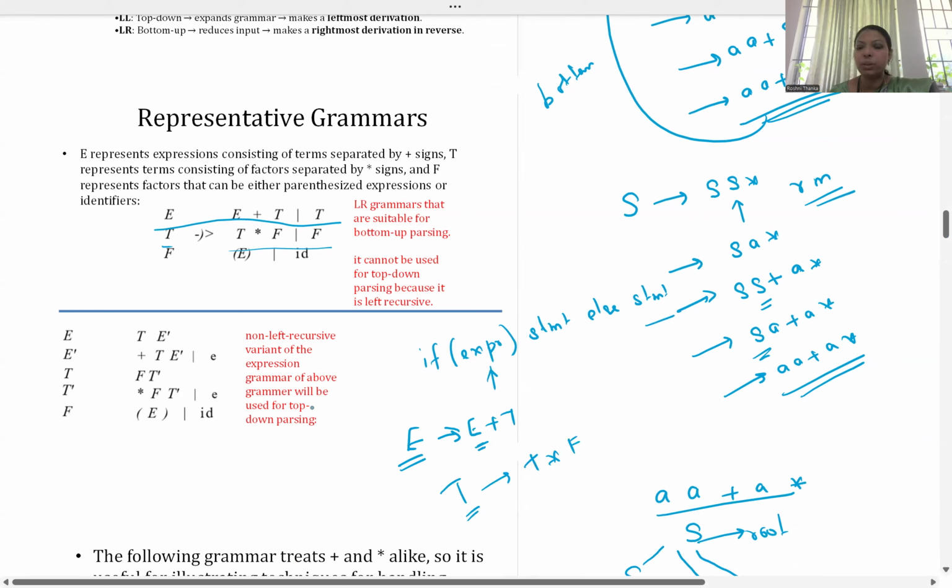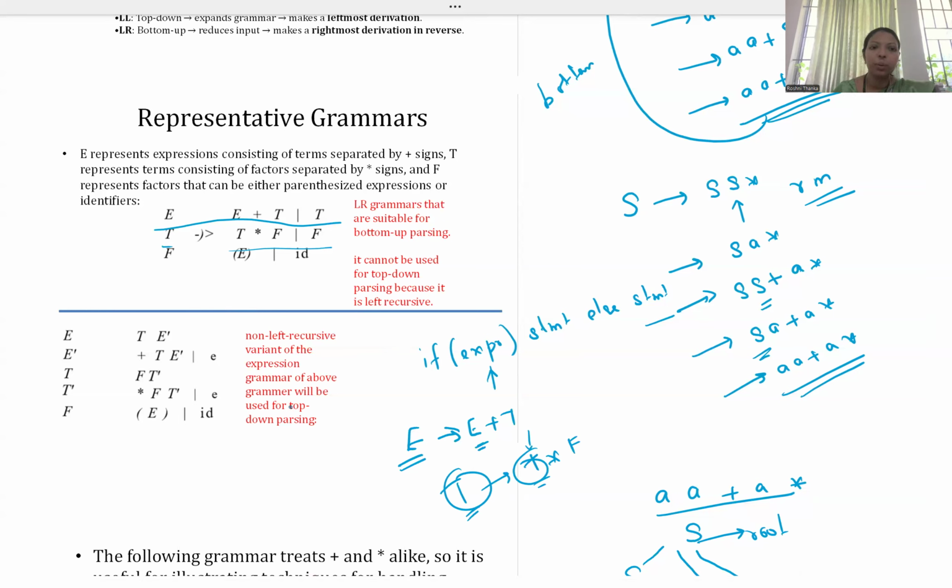If both are the same, then it is a left recursion. So here we have a lot of left recursion. If you want to use any algorithm based on top-down parsing, meaning LL parsers, then we have to remove it. How to remove this, I'll teach you in the video.